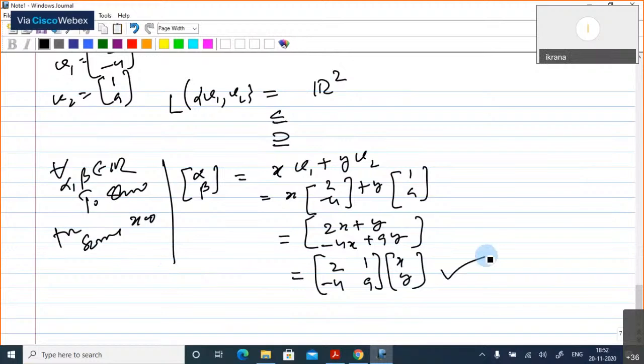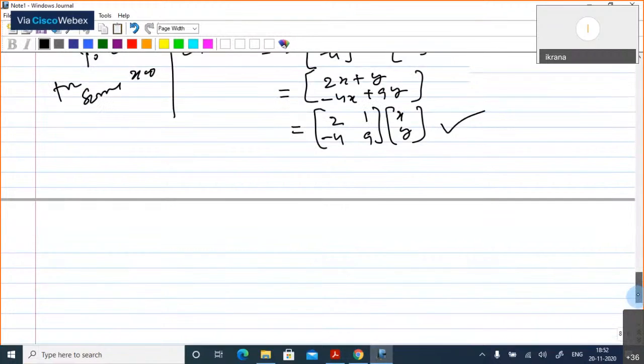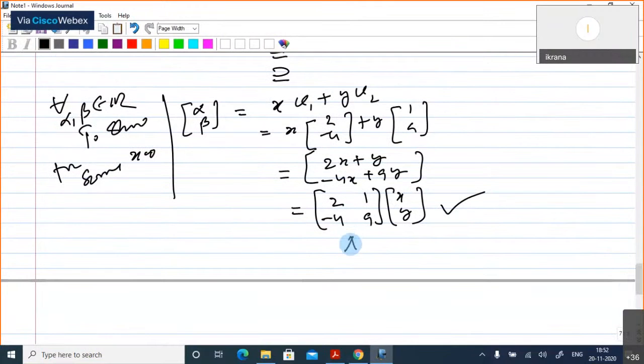It comes down to this, and that is the same as solving a system of equations, with this being the matrix A. To solve this system, a very simple 2 by 2 example we are showing, you will have to reduce it to row echelon form and then find out what solution is possible. And we will show that yes, a solution is possible. So that is a way of showing it.